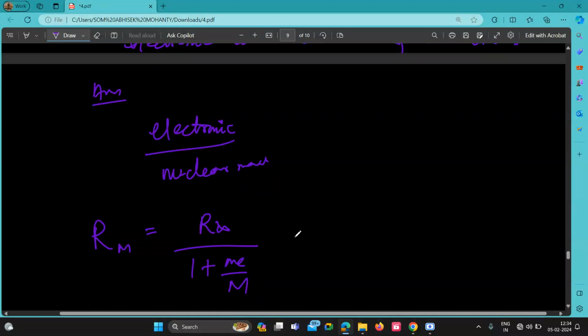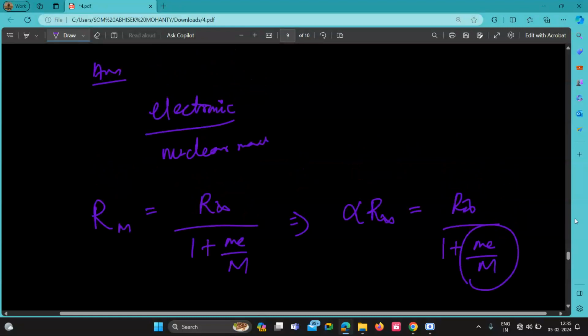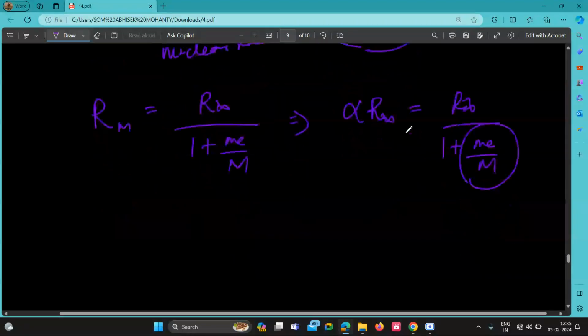That's the formula. Here R m is given as alpha R infinity. So alpha R infinity is equal to R infinity by 1 plus me by m. Me by m, electronic mass by nuclear mass, is asked.